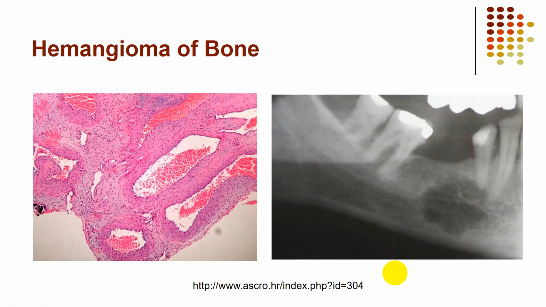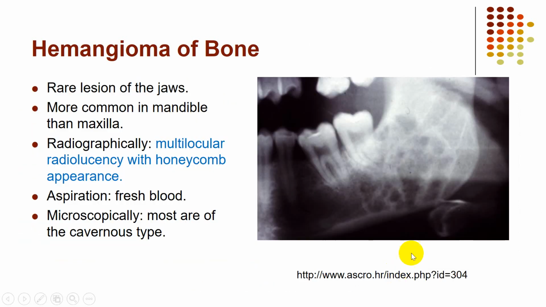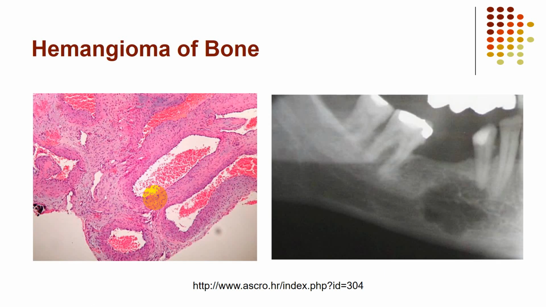Okay, it can be a small lesion, it can be a more extensive lesion, it can show the honeycomb appearance, the multilocular radiolucency showing the honeycomb appearance. If you aspirated this lesion, blood will come out. And microscopically, it is most likely to be the cavernous type.